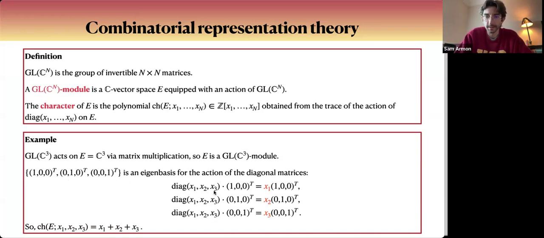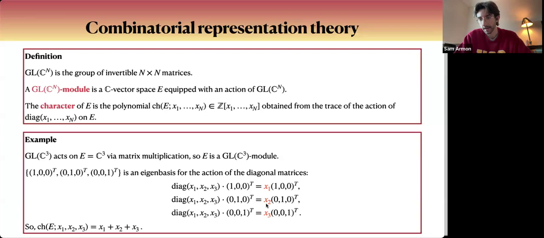So for instance, if I just consider a diagonal matrix in the variables x1, x2, x3, I act on the first standard basis vector. That's an eigenvector with eigenvalue x1, or just whatever the 1,1 entry in my diagonal matrix is. Similarly, I act on the second standard basis vector.